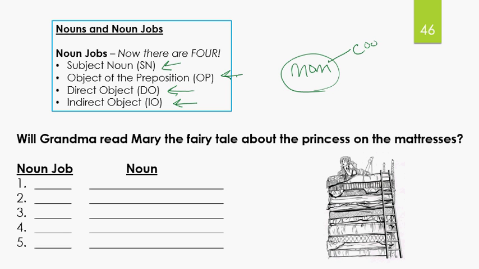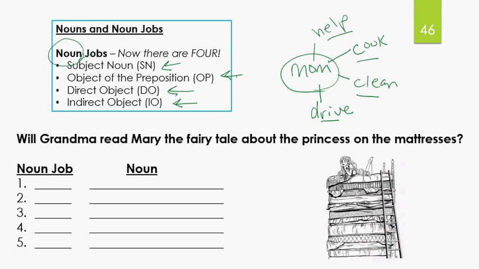She can cook, she can clean, she can help you with your homework, she can drive you around and be your chauffeur, right? So mom is one person, but she can do all these jobs. This is the same with noun jobs. A noun is a person, place, thing, or idea, but it can do any of these jobs depending on where it is in the sentence, right?